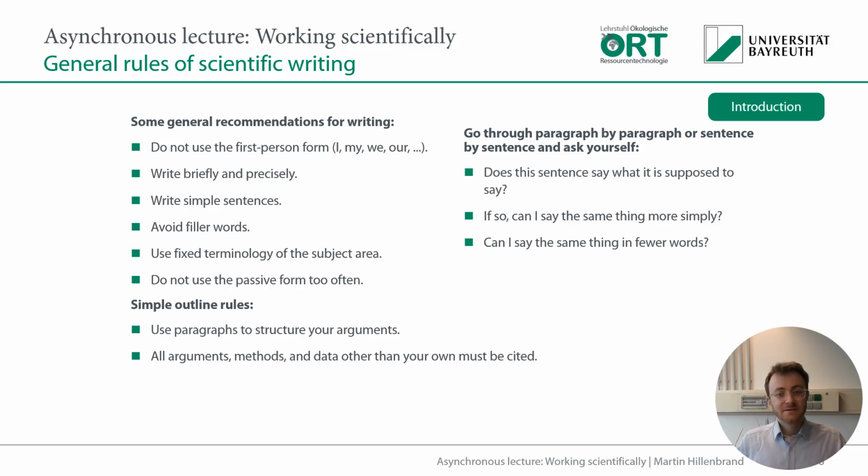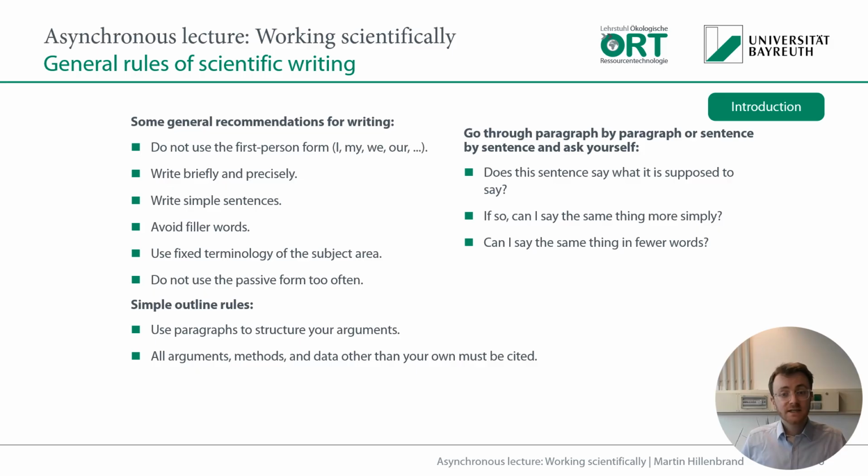And go through paragraph by paragraph or sentence by sentence and ask yourself for each and every sentence, does this sentence say what I wanted to say, what it's supposed to say? And if so, can I say the same thing in a simpler, shorter, more precise way?